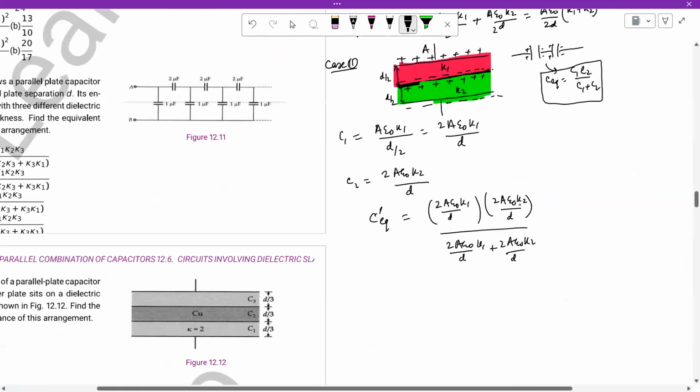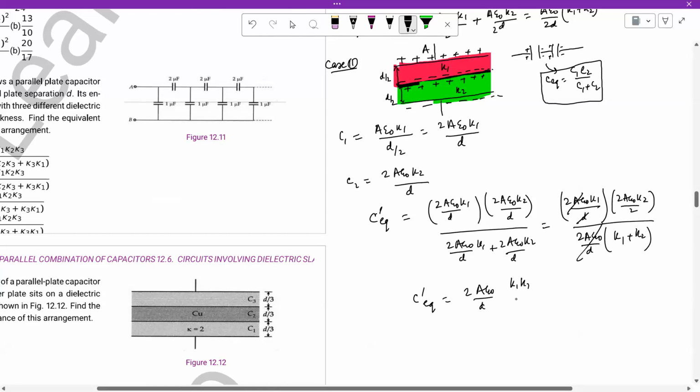We can take 2 epsilon naught by D common, this is K1 plus K2, right? So this part and 2 epsilon naught by D cancel. So you have equivalent to epsilon naught by D, K1 K2 divided by K1 plus K2, right?